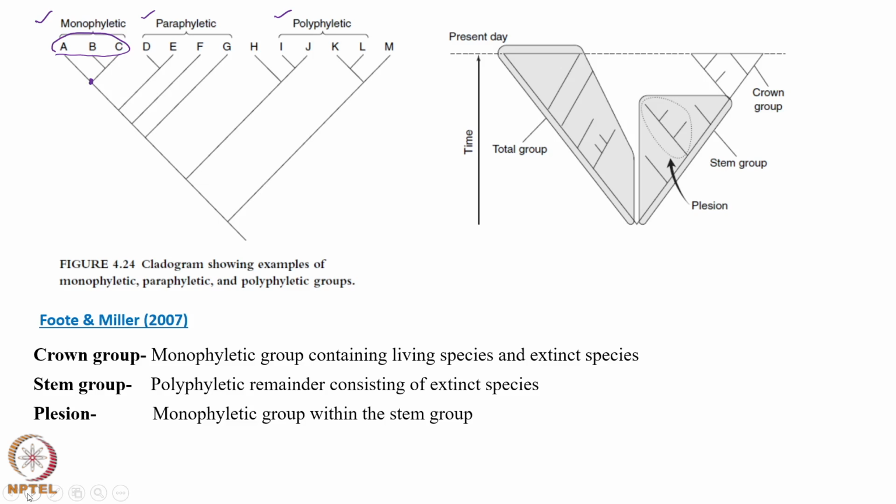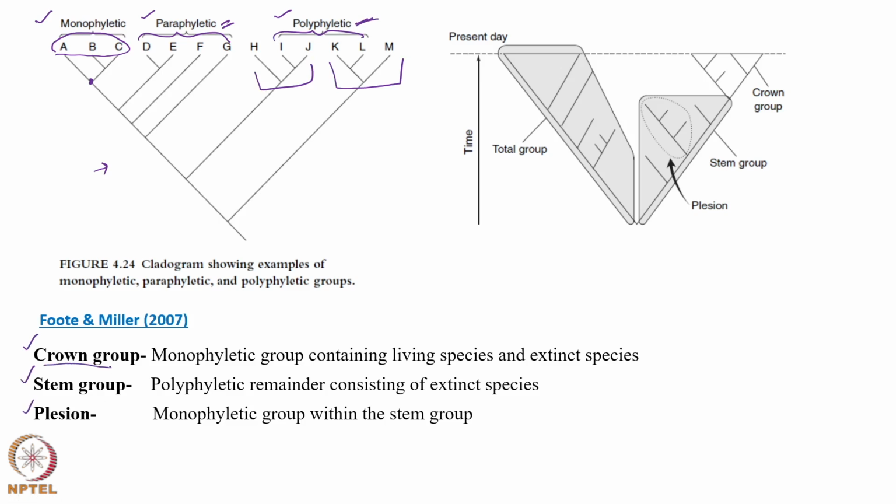Paraphyletic group: for a large monophyletic group shown in this diagram, a part has been shown, so it can be called a paraphyletic group. And when we are looking at two small groups I, J, K and L and grouping them together, we can call it a polyphyletic group.